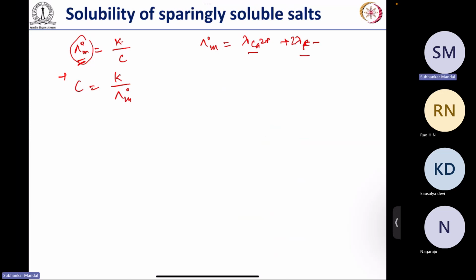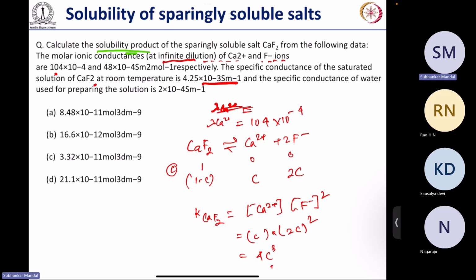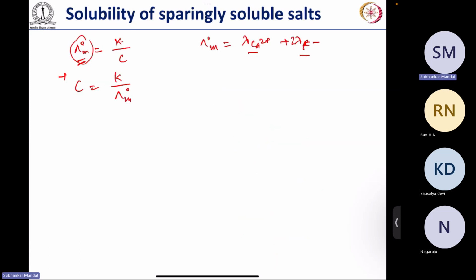For calcium it is 104 into 10 to the power minus 4, and for fluorine it is 48 into 10 to the power minus 4 Siemens meter square per mole. So for calcium, 104 into 10 to the minus 4 plus 2 into fluorine, 48 into 10 to the minus 4. Unit is Siemens meter square mole inverse.